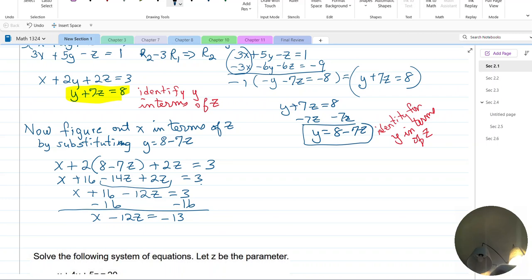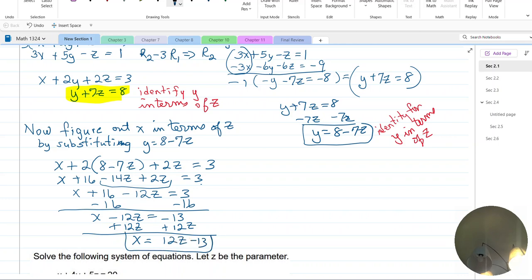Okay, so far so good. Now I'm going to add the 12z. I can't do it to the 13, so now I have x equals 12z minus 13.